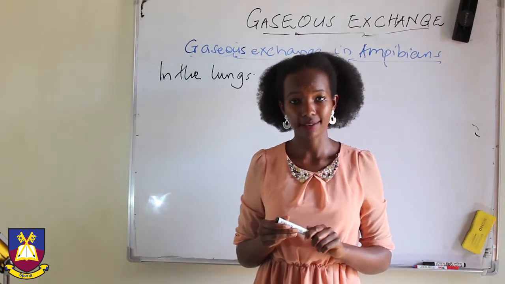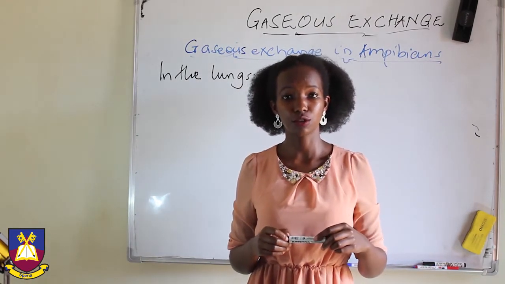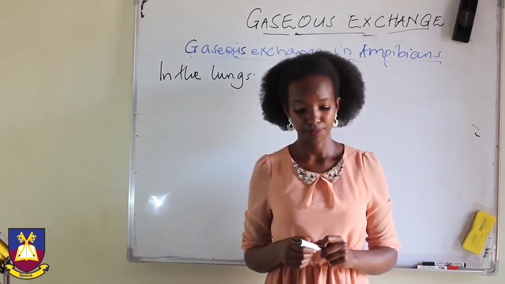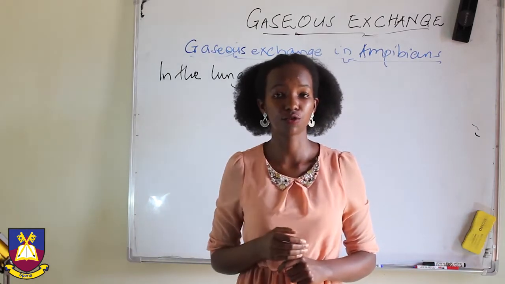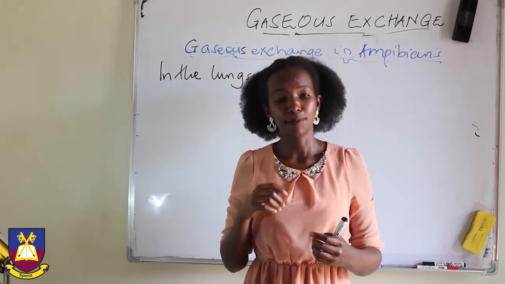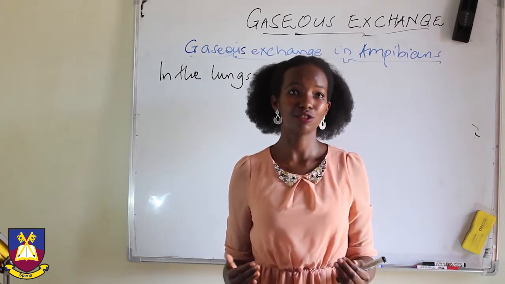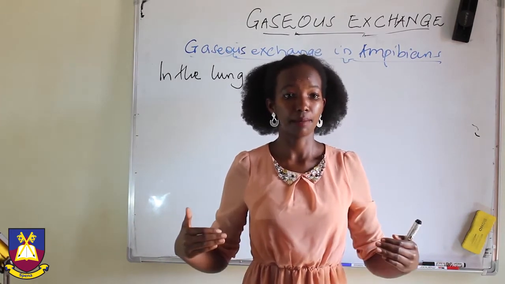Now, once air has reached the mouth, that's not the destination. It has to continue all the way to the lungs. Now, the nostrils close. A valve closes the nostrils, so that air cannot go out now. Okay? Now, the volume of the lungs increases, and this is due to the contraction of the muscles.